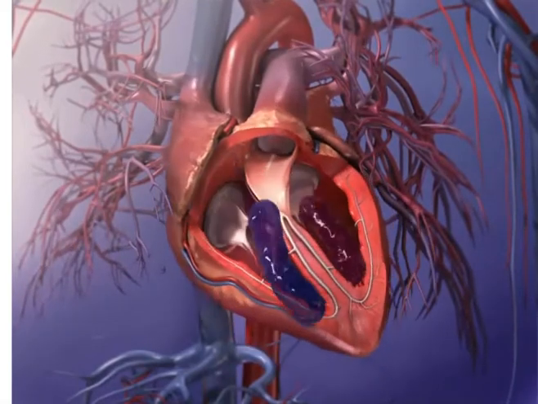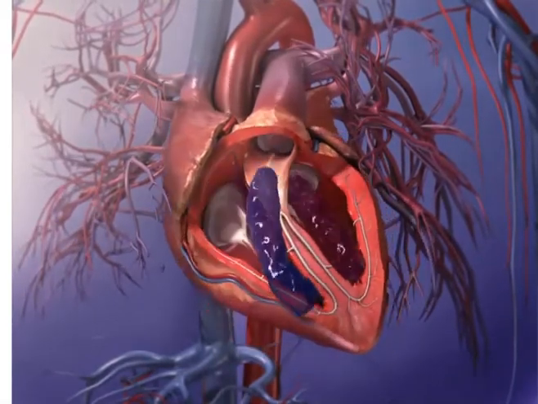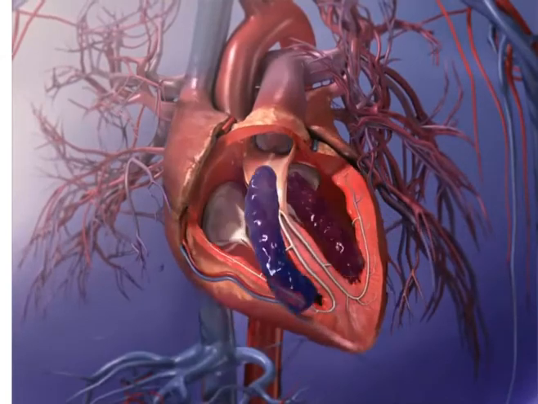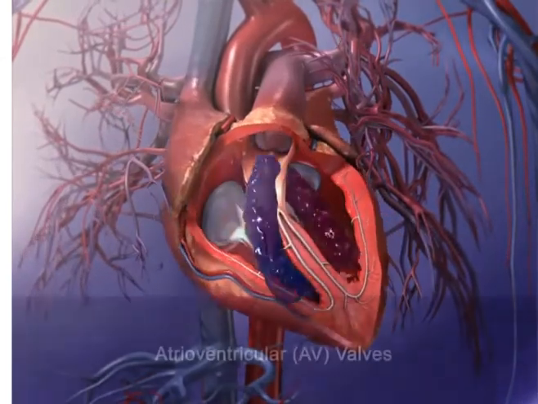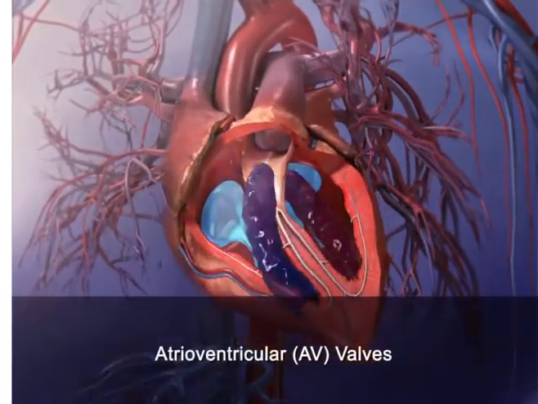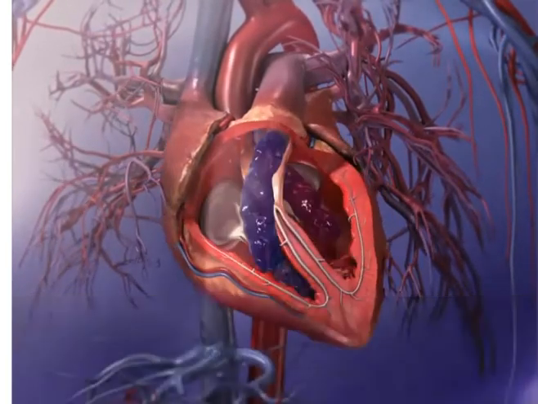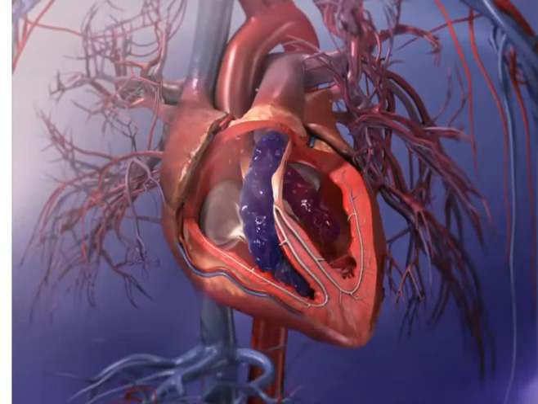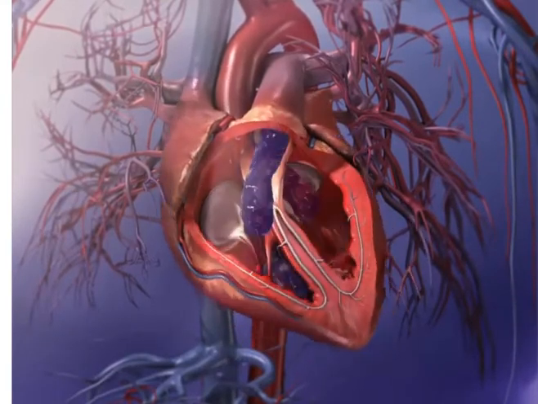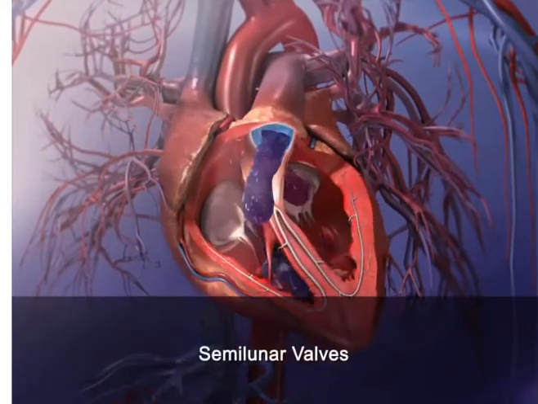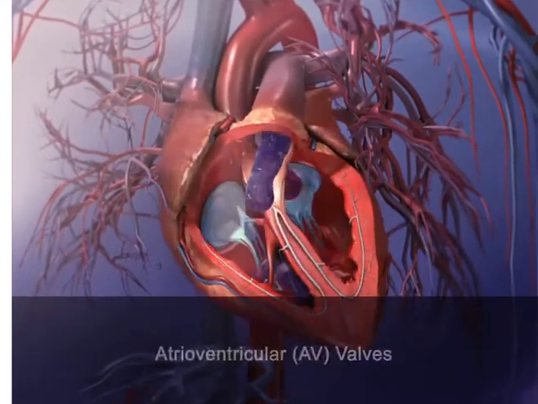During systole, the ventricles contract and pump blood out of the heart into the vascular system. This phase begins with the closure of the AV valves and ends with the closure of the semilunar valves. During diastole, the ventricles relax and fill with blood, which flows from the atria. Diastole starts with the closure of the semilunar valves and ends with the closure of the AV valves.